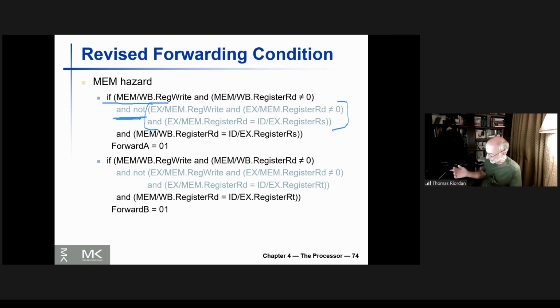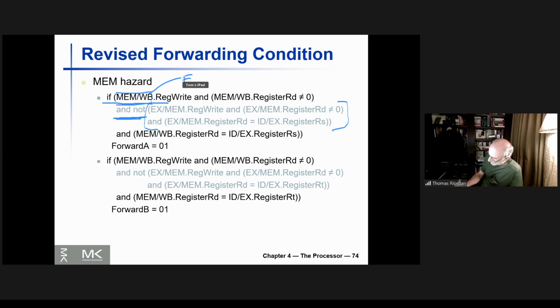We're saying, okay, if both these are true, only do the one that's from the most recent instruction. So we use that to knock down the other one. Right? So this is the far one, the MEM WB one here.